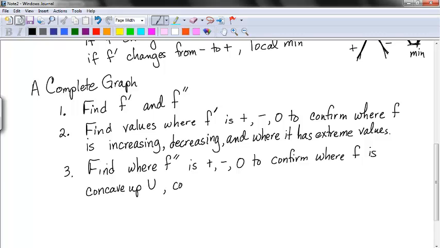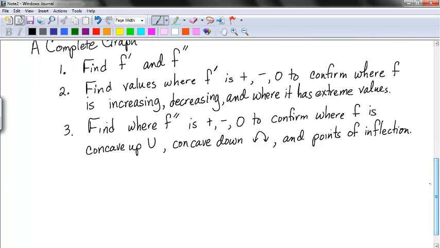Okay, concave down, going to look like that. Okay, and points of inflection. So first derivative, you're going to find increasing, decreasing, and max and mins. Second derivative, you're going to find concave up, concave down, and points of inflection.